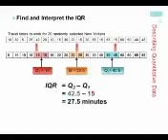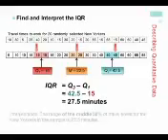Okay, so the interquartile range is just Q3 minus Q1. We said 50% of our data: here's 25%, here's 25%, here's 25%, and then the next 25%. So the interquartile range, the middle 50%, is 27.5 minutes. So what does the interpretation look like?